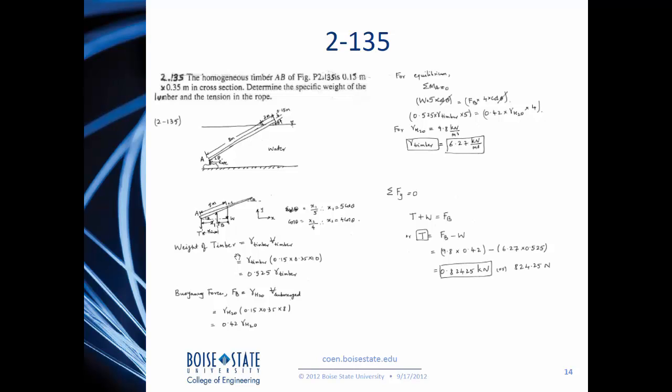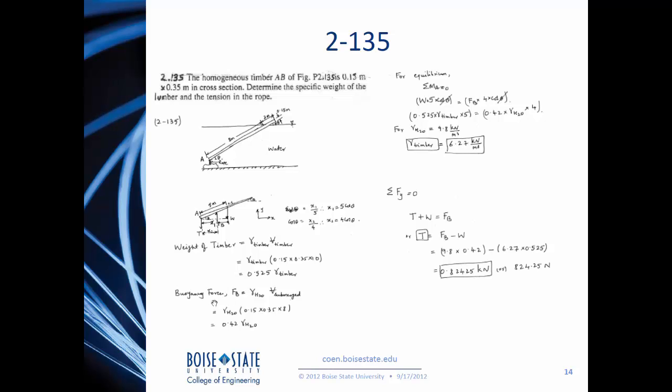You can write the weight of the timber as gamma of the timber times the volume of the timber. The specific weight of the timber is something which we don't know, so keep that in variable form. We know the volume of the timber, which is the cross-sectional area, 0.15 times 0.35, times the length of the timber, which is 10 meters.